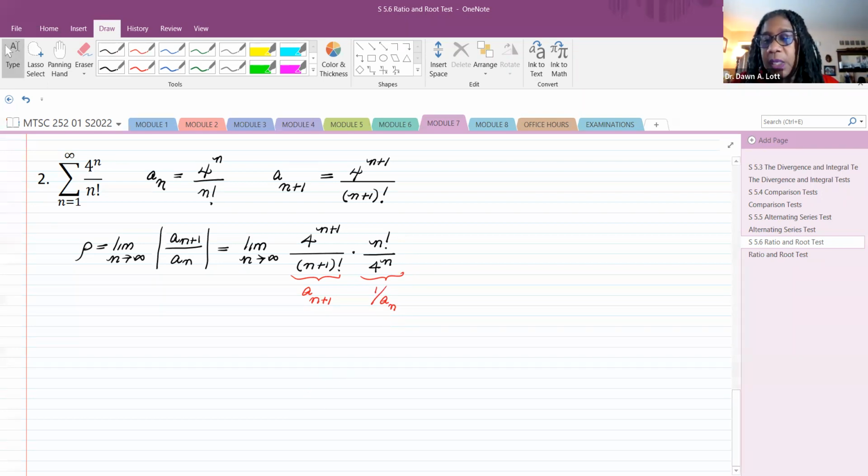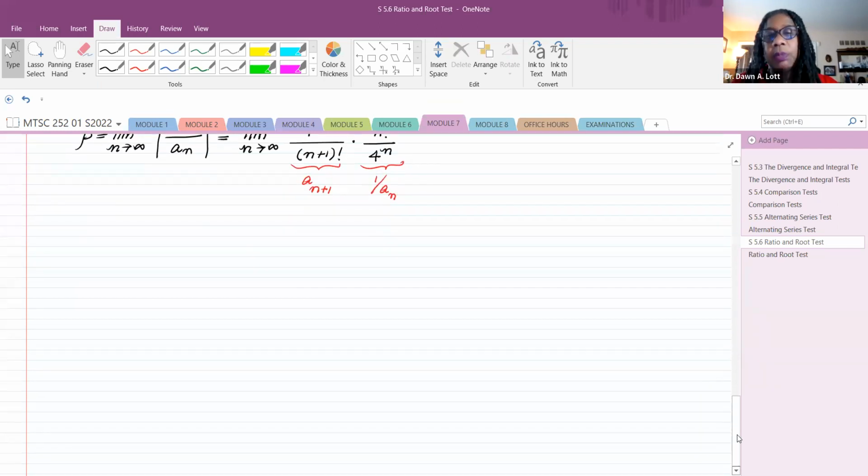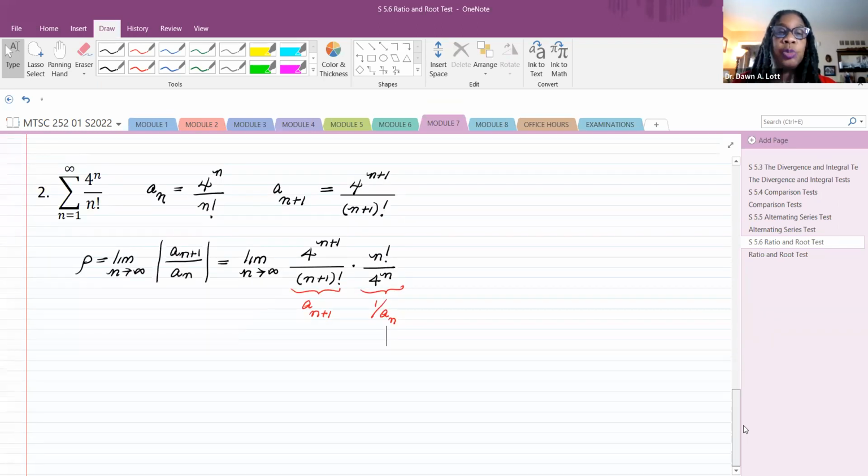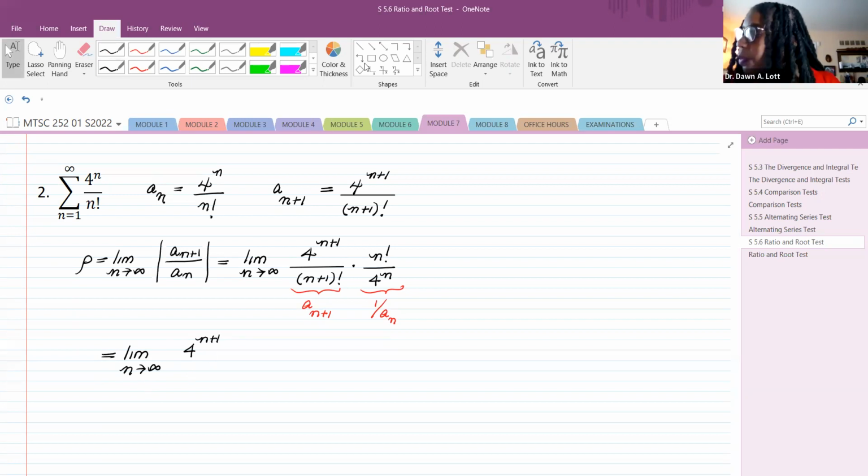One of the things I would tell you to do in these problems is always put like terms together. It is much easier to understand the problem. I'm going to do the limit as n approaches infinity. Well, I have 4 to the n plus 1, and that looks like 4 to the n, so I'm going to put that over top of 4 to the n. And then I have n factorial, and I'm going to nicely put that over n plus 1 factorial.